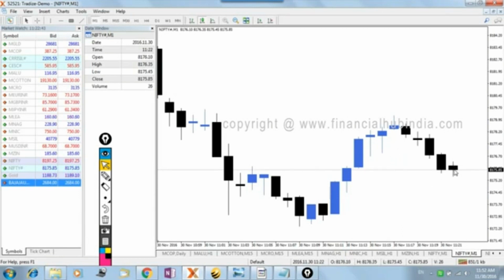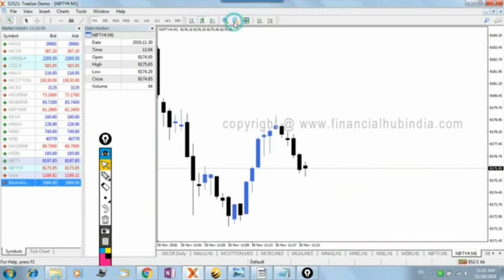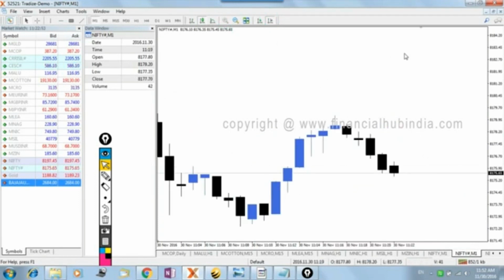Now if you just have a look at 1 or 2 candles, you will get to know how this candle really forms in real time. So 1 minute is closed, 1 minute is over, so this candle stopped forming and a new candle started forming now. So far this is the lowest point, and within a minute, if price comes below this, then there will be a new low.